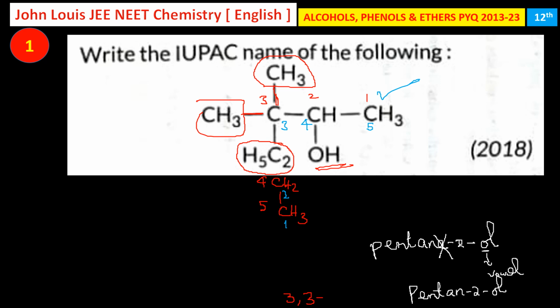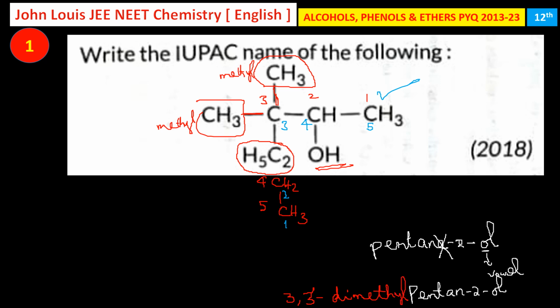And what are the substituents? Both are the same. Both are methyl. So this is one carbon, therefore meth, along with that we have to add yl. Here also, this is meth, along with it we have to put yl. So instead of writing 3-methyl, we can write 3,3-dimethyl pentan-2-ol.